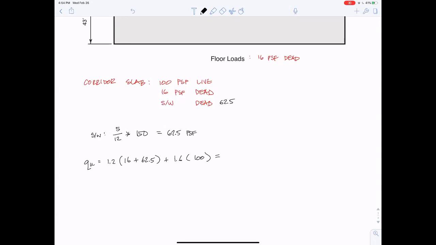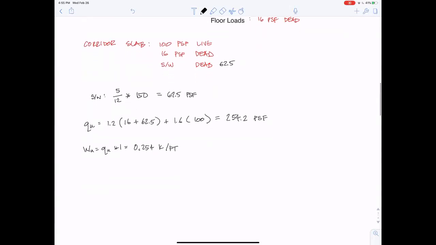Let me do that. I get 254.2 psf. For a unit width, the tributary width of 1 foot, 0.254 kips per foot that we're going to use for the moment calculation.